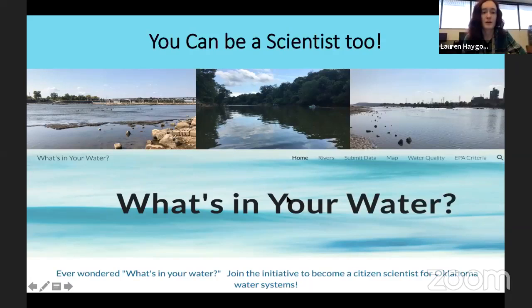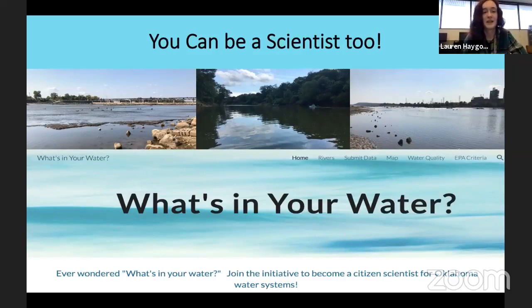And basically we go out, get water, and test it on site. I've also had people send water in and tested it, and we have a map. I didn't show the map here, but under this tab, map, you could go and look at basically all the data that we've gathered on every single site, and we've tested over 50 sites already. So there's a lot of data out there, which is pretty cool.